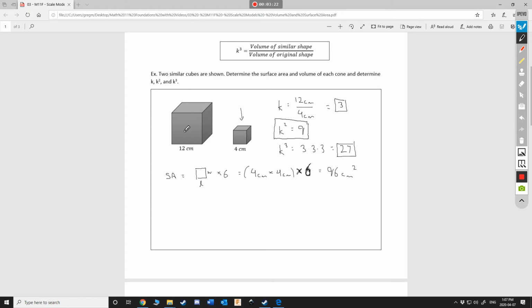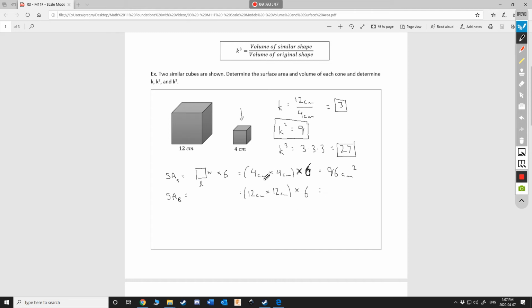So this is the surface area of the small one. Let's look at the surface area of the big shape. That's going to come out to be 12 centimeters multiplied by 12 centimeters, and we're going to times that by 6 as well. There's two ways we can solve for this. I can solve for it separately like I am right now.